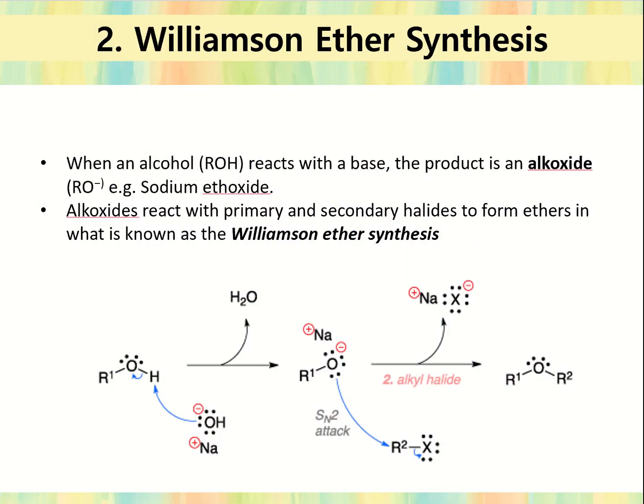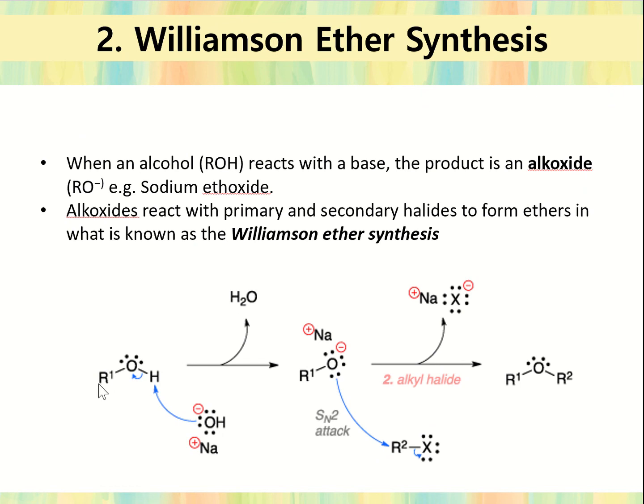And then we have our Williamson ether synthesis. When an alcohol reacts with a base, the product is an alkoxide, for example, sodium ethoxide, right? Alkoxides react with primary and secondary halides to form ethers in what is known as Williamson ether synthesis.